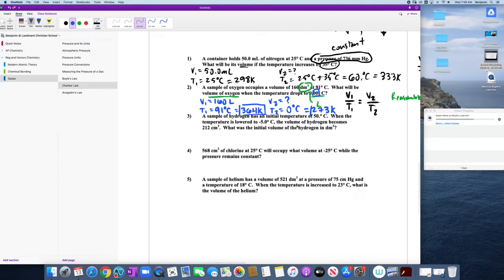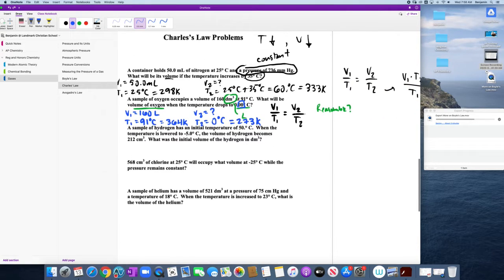Okay, so let's use Charles' law, plug in what we know. So here's Charles' law. We're going to solve for the new volume by multiplying both sides by T2. And that gives rise to T2 times V1 over T1 equals V2.